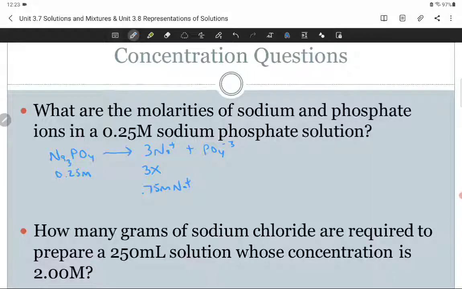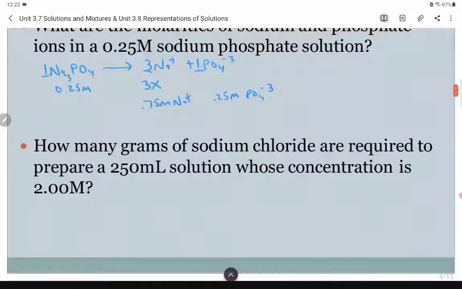And then it's a 1-to-1, so you'd also have 0.25 molar of the phosphate. And that's how you would do questions like that. So you have to be aware of the charges and how to build the compound up, and then go from there. So you always need these coefficients here to be able to solve a question like that.